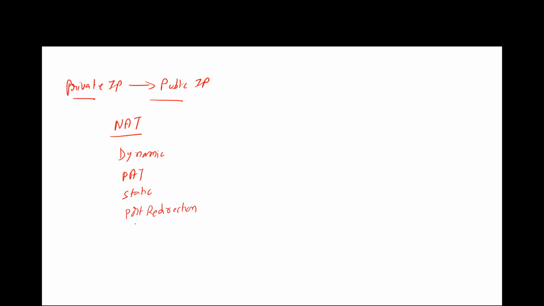So four different types of NAT configurations are available on your ASA firewall. We'll first start with dynamic NAT.